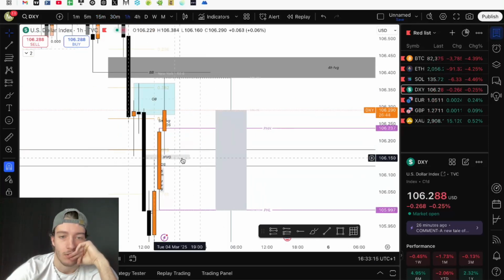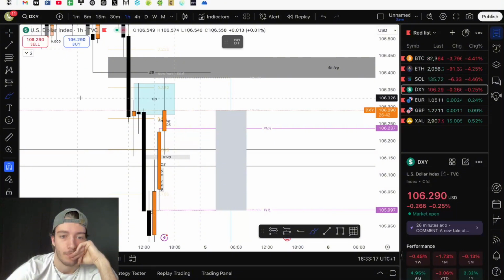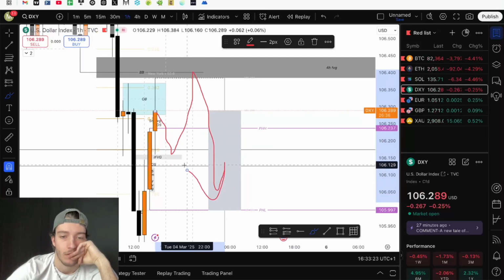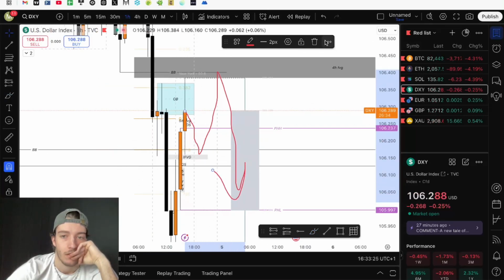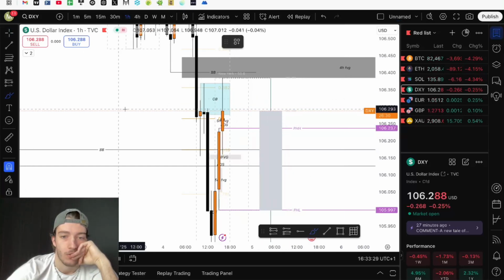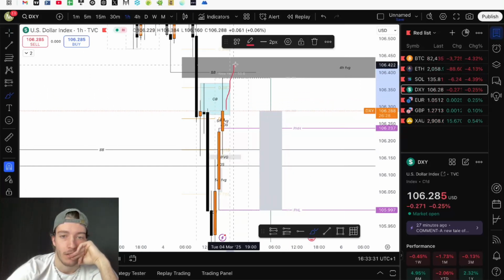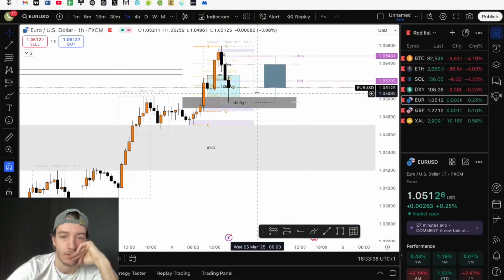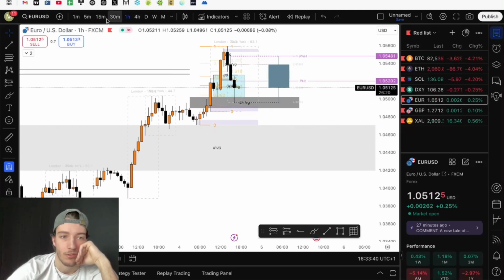So yeah, you see this 1-hour fair gap here. Come down here, sweep this, move lower. Or other case scenario, we're just gonna move higher. And these two pairs gonna move lower into this inverse here.